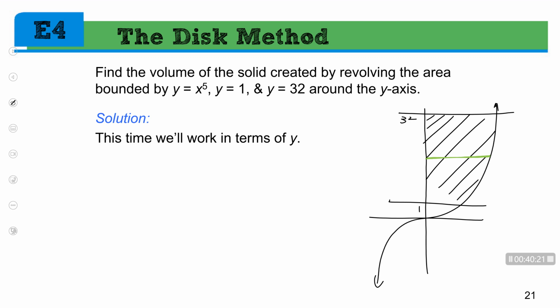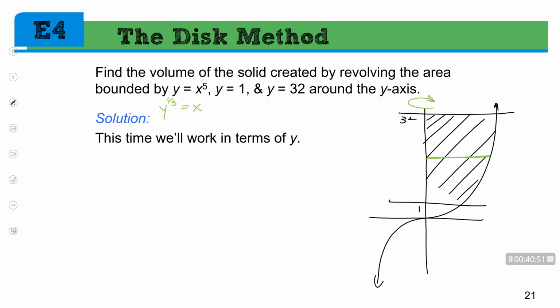Most importantly, is my rectangle perpendicular to the axis of revolution? Yes, then I can proceed. Number 2, is my rectangle horizontal or vertical? Horizontal, which means, you already guessed, we're working in terms of y. If we're working in terms of y, the first thing I'm going to do is say that this is that, which you all knew, right?